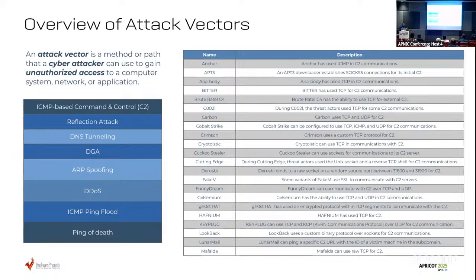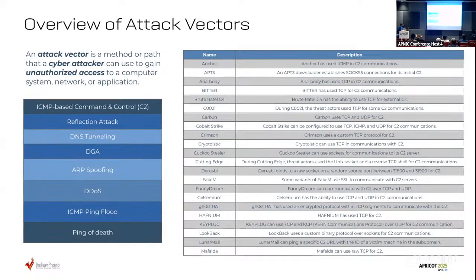We will be seeing a few examples in the later slides, but in another table I have sorted down all the threat actor group names, Anchor, APT3, Areabody, and so on. They are using only command and control in any of their attack phases.